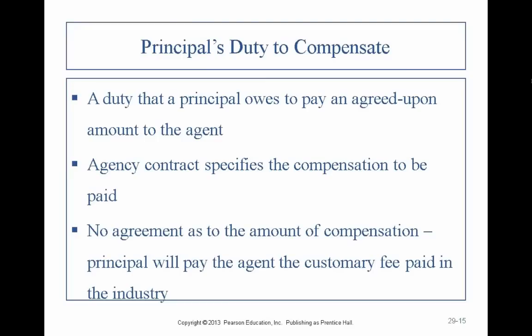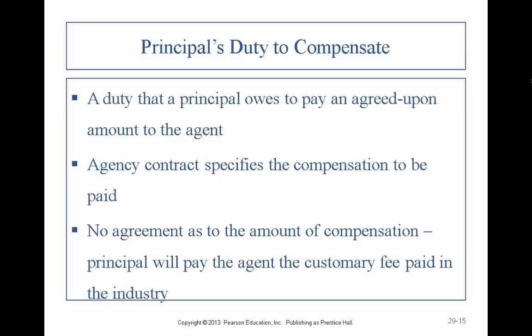Principal's duty to compensate sort of works with the notion that an agent is doing things to benefit the principal, right? That means that the principal is going to pay an agreed upon amount to an agent. When you talk about different types of agencies, not every agency relationship leads to a principal having to pay an agent.